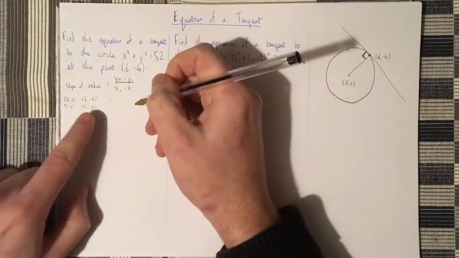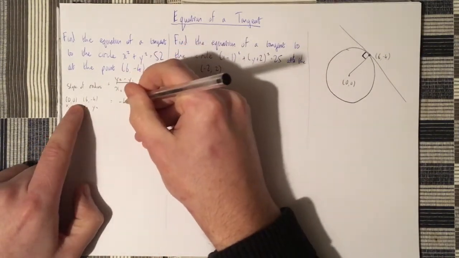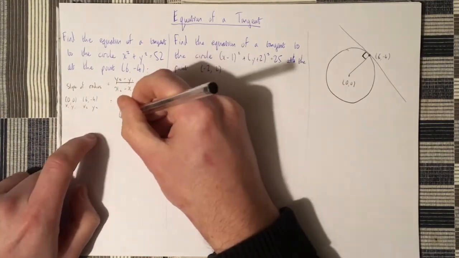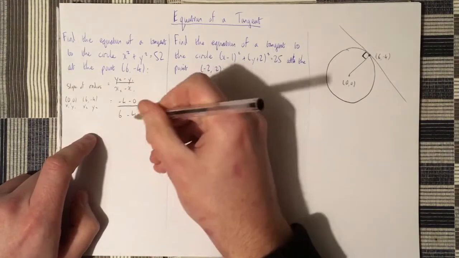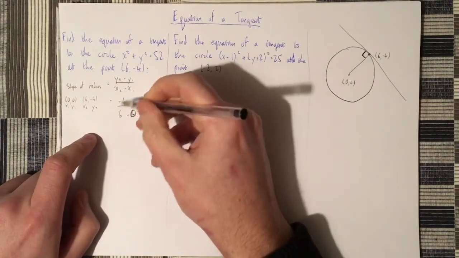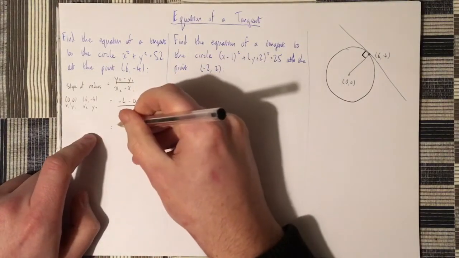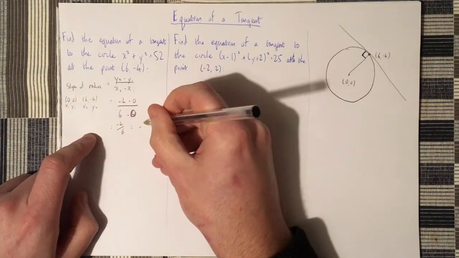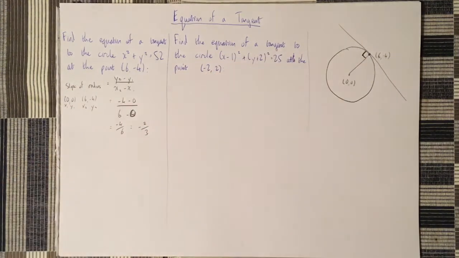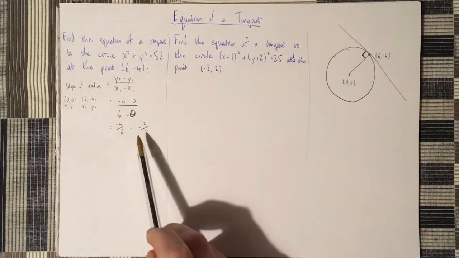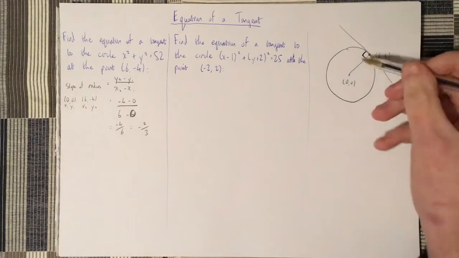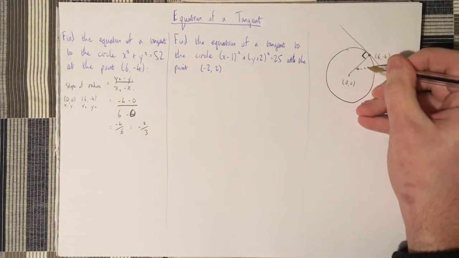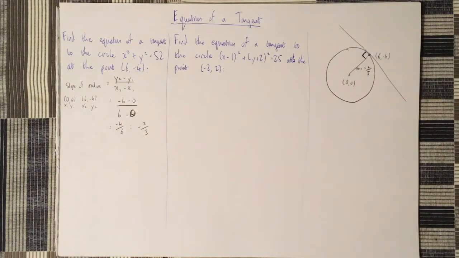So y2 minus y1 is minus 4 minus 0, over x2 minus x1, which is 6 minus 0. What's that equal to? Minus 4 over 6, which is the same as minus 2 over 3, just simplifying. So the slope of the radius is minus 2 over 3.